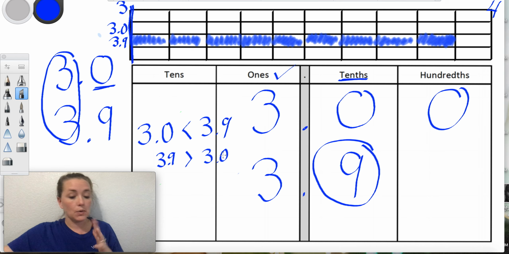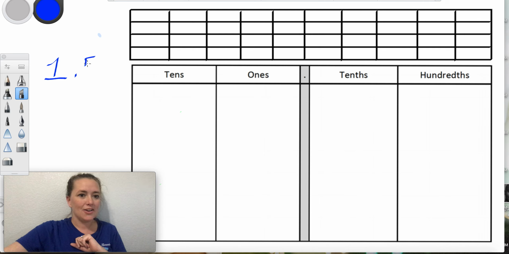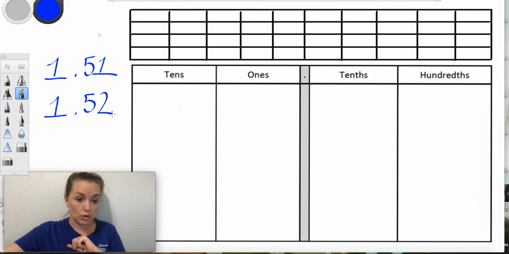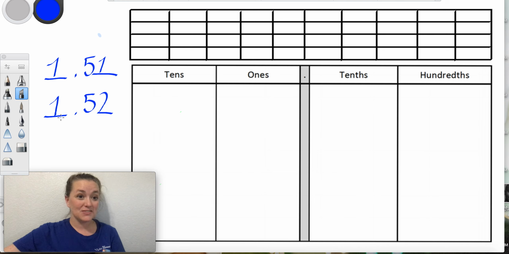Okay, last example. We're going to compare 1 and 51/100ths and 1 and 52/100ths. Well, when I'm looking again, I recognize, hey, my biggest place value is the same.